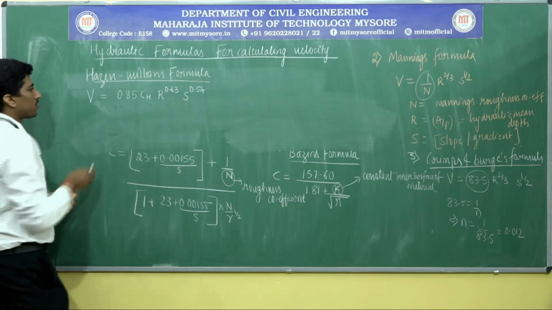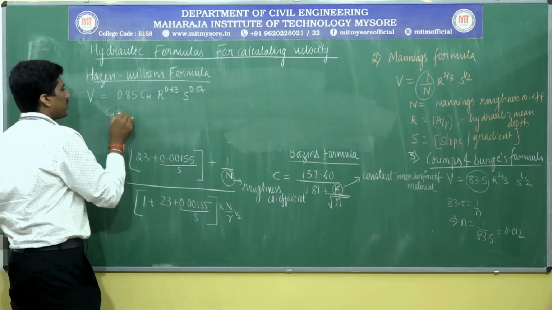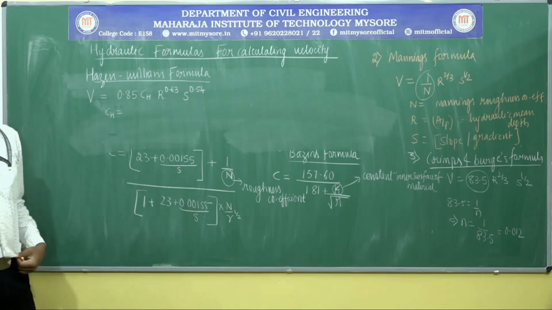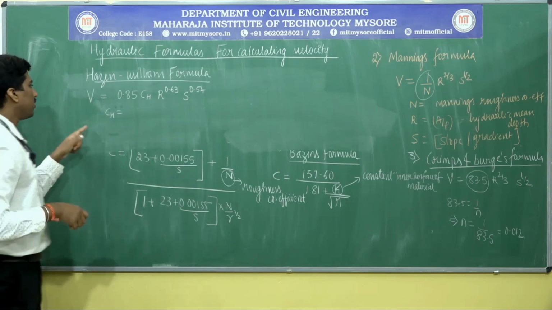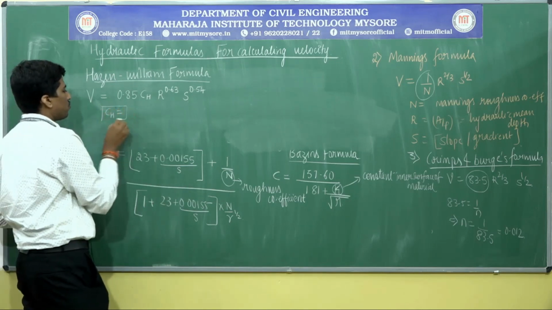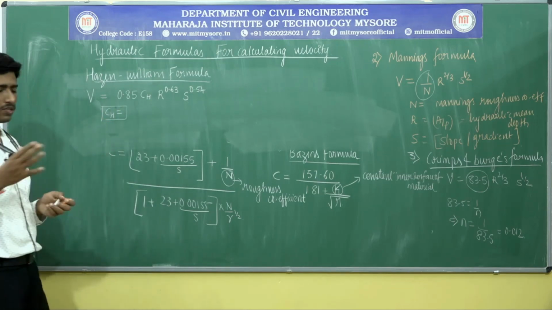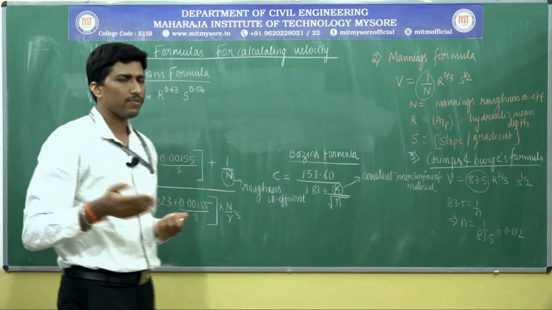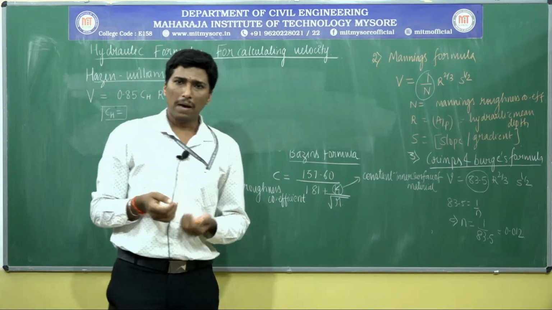This coefficient we call the Hazen-Williams coefficient, where the determination of C_h is based upon the type of material or the roughness of the pipe material.